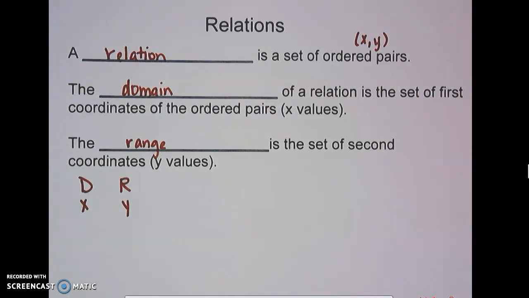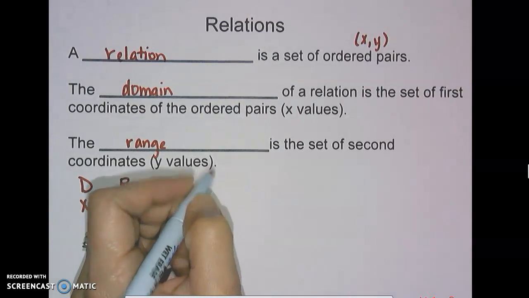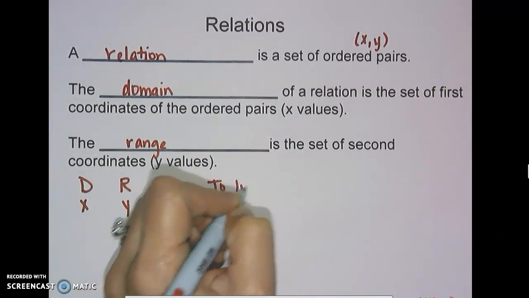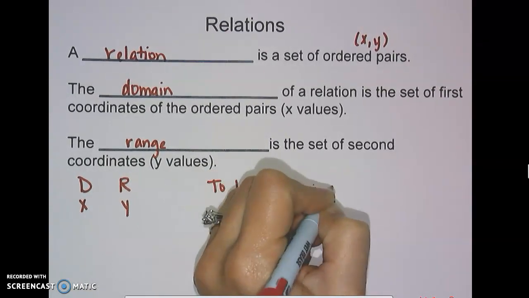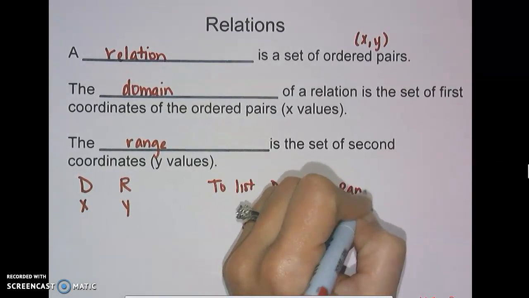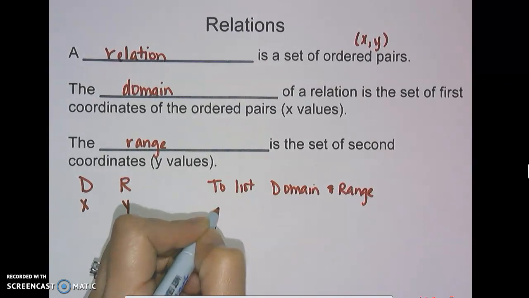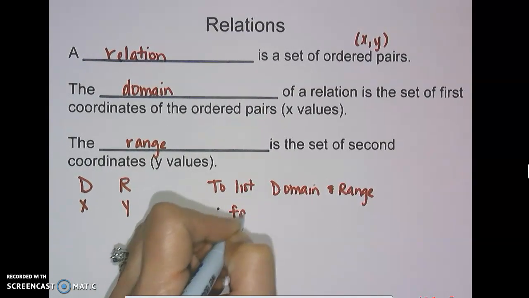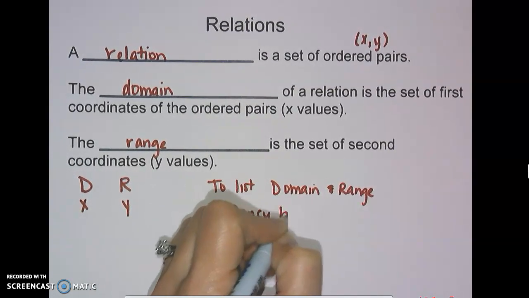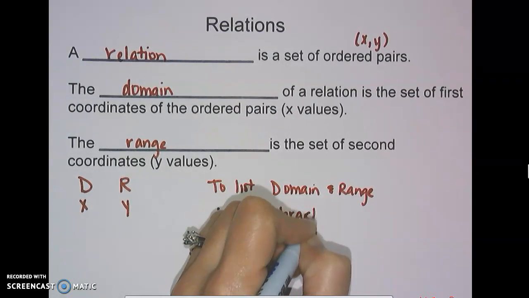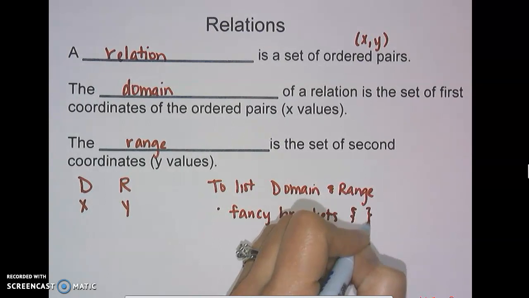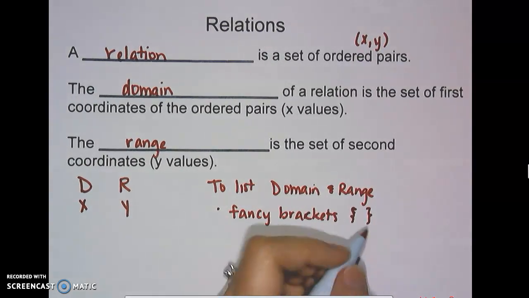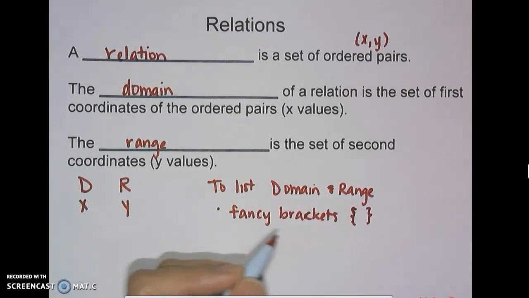Now, in order to write these things, let's talk about how we're going to do that. So to list domain and range, we're going to do a few things. So we're going to use what I call fancy brackets. And you're going to do your best in drawing or writing those fancy brackets.